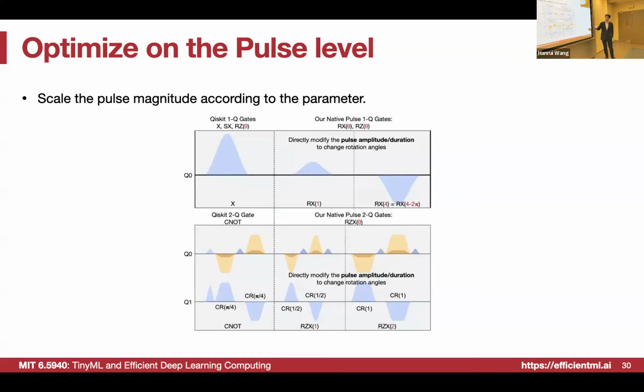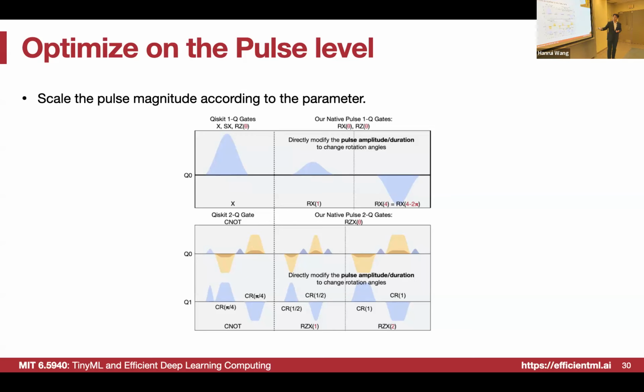Another thing is that we can directly scale the pulse magnitude according to the parameter. Remember last time we introduced how we do the control of each of the gates. For example, the control pulse on qubit 0 looks like a Gaussian pulse, but actually it is similar to Gaussian and is called a DRAG pulse.